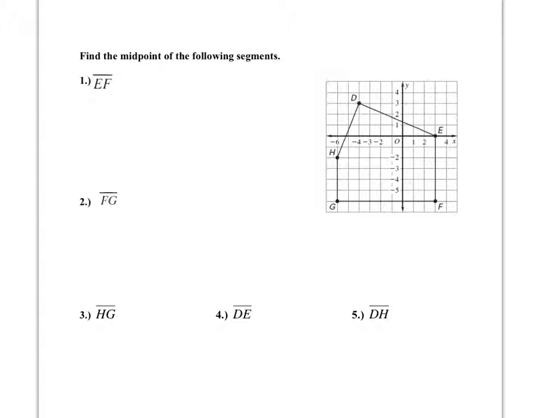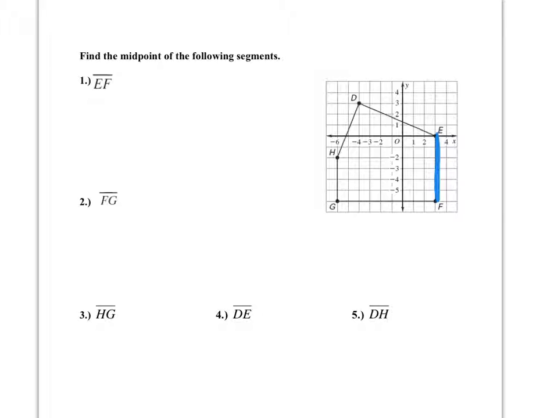All right, we're going to skip example 3 and 4 because I think you've seen hopefully enough of those. And let's jump down to where we see the graph. So it's asking you for the midpoint of line segment EF.